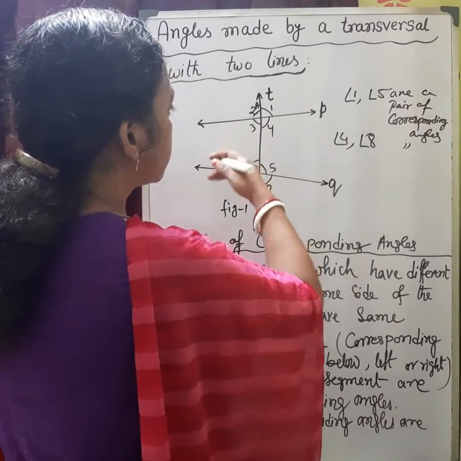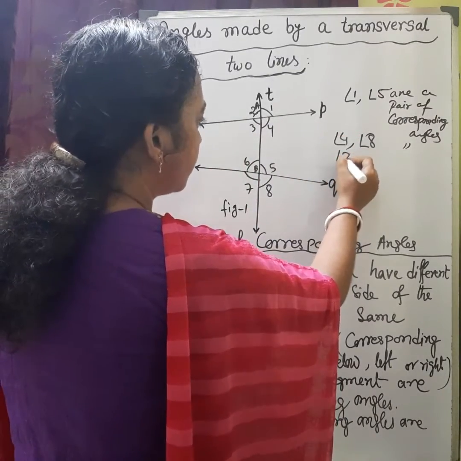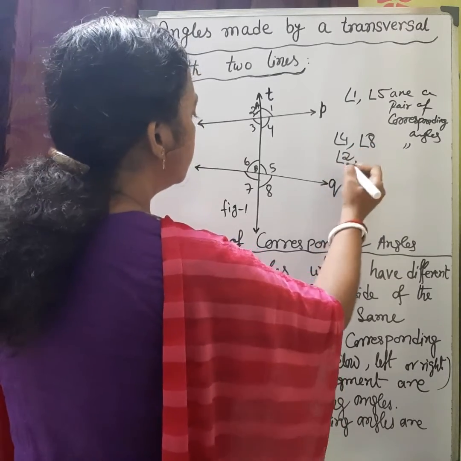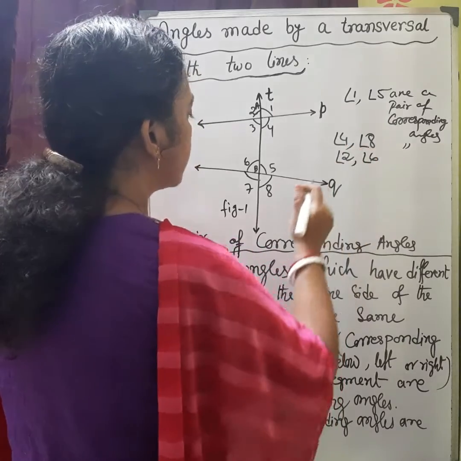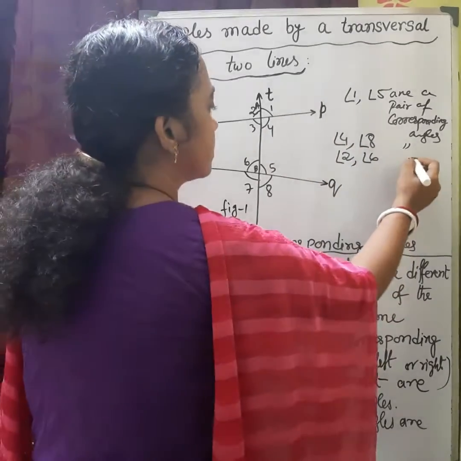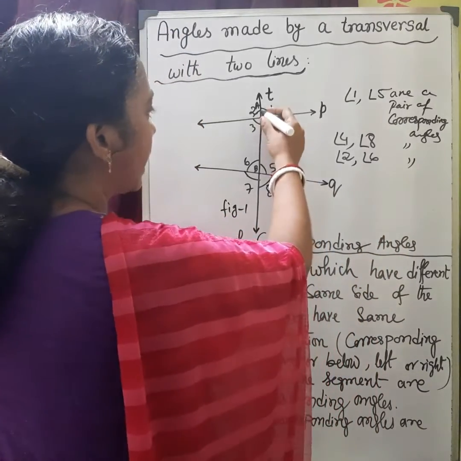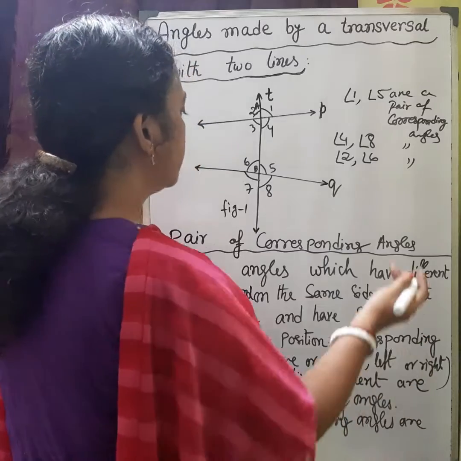Now let us consider the other side of the transversal. Above the line P at point A and above the line Q, we have angle 2 and angle 6. So angle 2 and 6 are a pair of corresponding angles because both are above the lines and on the same side of the transversal.